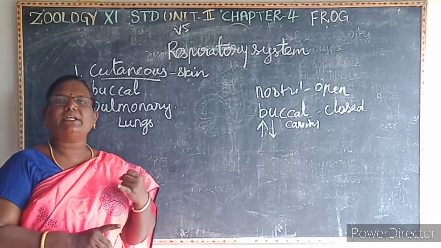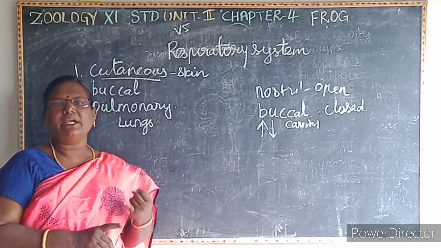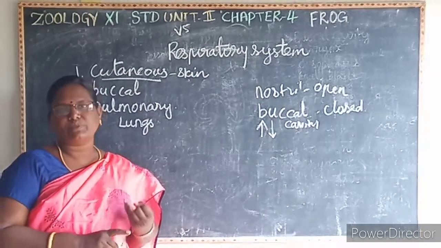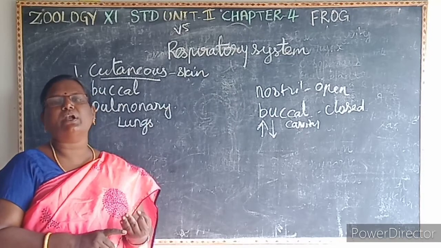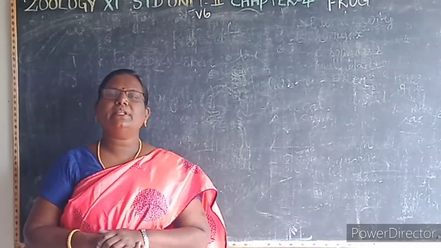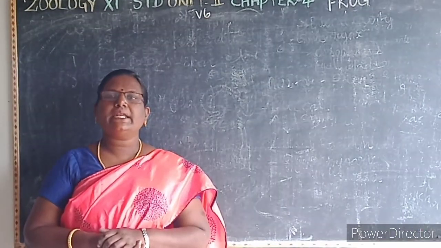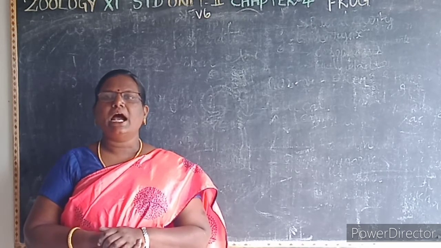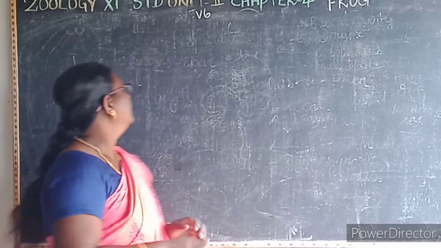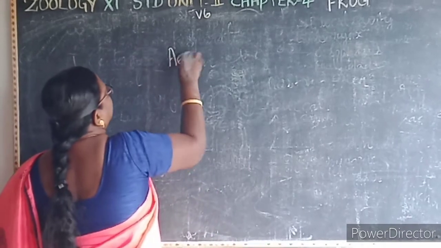Through the buccal cavity, buccal respiration. Through the lungs, pulmonary respiration. In pulmonary respiration, air enters the nostrils, then the buccal cavity, and then the lungs.